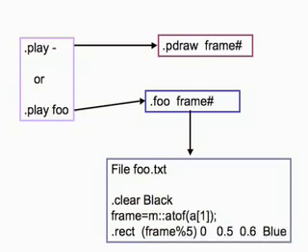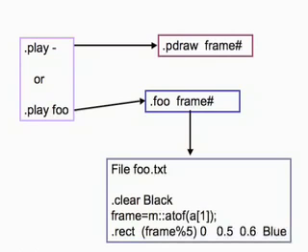So what it does is it takes the frame value 0, 1, 2, 3, 4, a million, 2 million, whatever, divides by 5 and takes the remainder. And if you remember your arithmetic, taking the remainder on division yields a value between 0 and the number that you're dividing by. So we get 0, 1, 2, 3, 4, 0, 1, 2, 3, 4, 0, 1, 2, 3, 4. And that causes the rectangle to move along the x-axis and then skip back to 0, move along the x-axis.